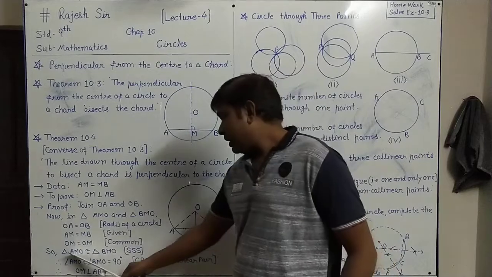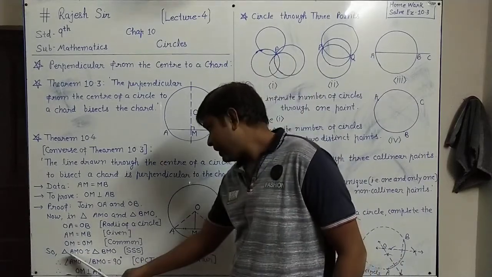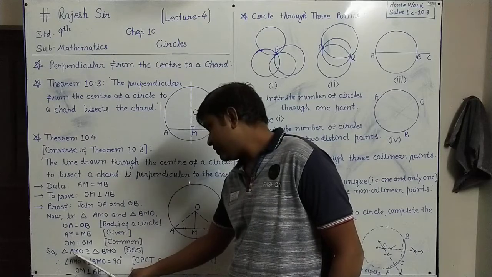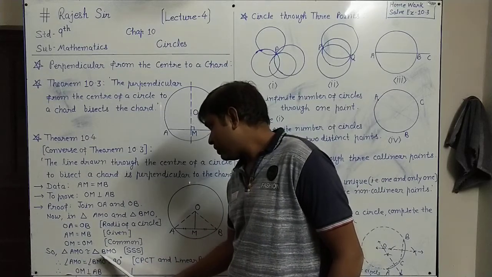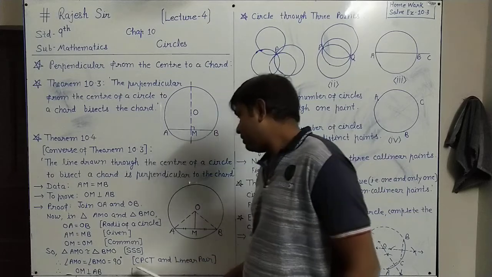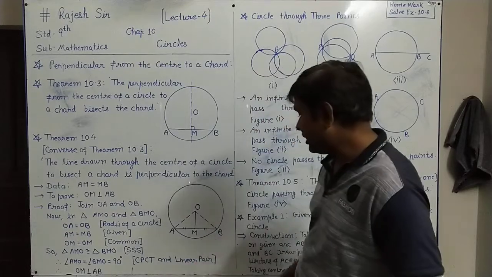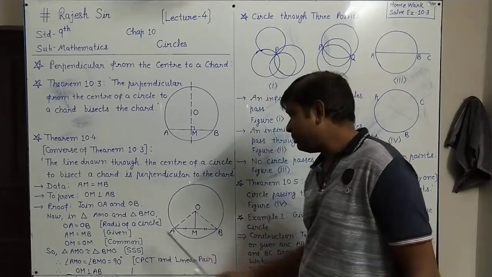If two triangles are congruent, their corresponding parts are congruent. So the corresponding angles, angle AMO in this triangle, will be equal to angle BMO. By CPCT both the angles are equal, and why are they 90 degrees? Because they form a linear pair.